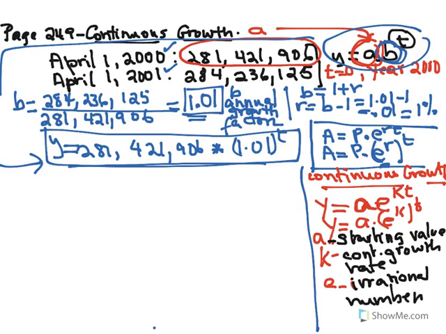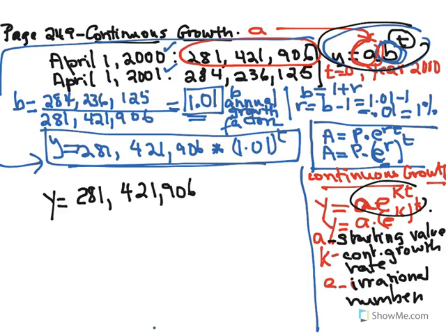Again, I'm going to model this function on top of this function. So let me write it now, my new function. My new function will be equal to, my a is the same, 281 million, rather, 421,906 times e to the k to the t.